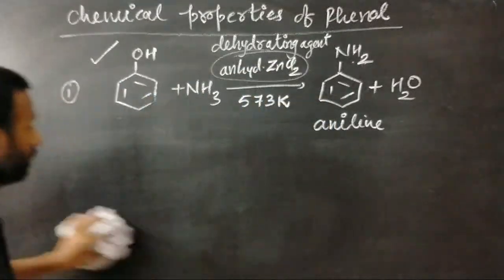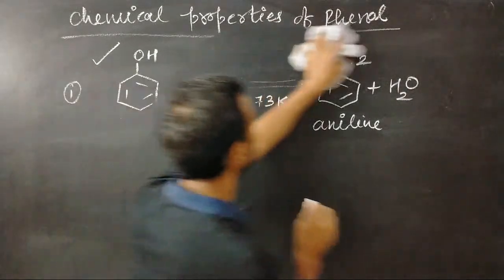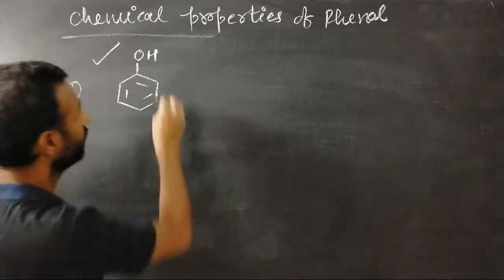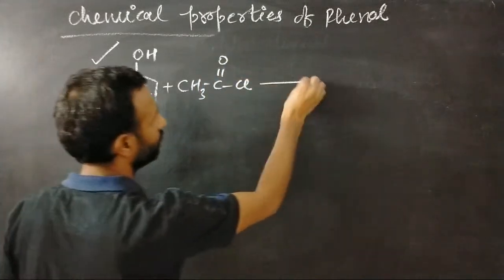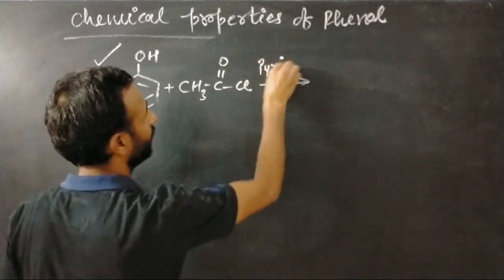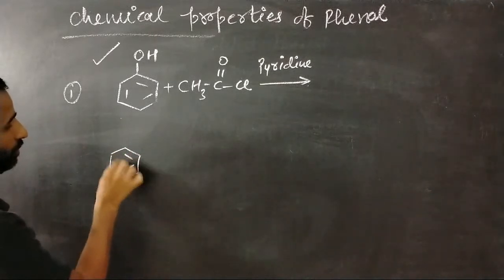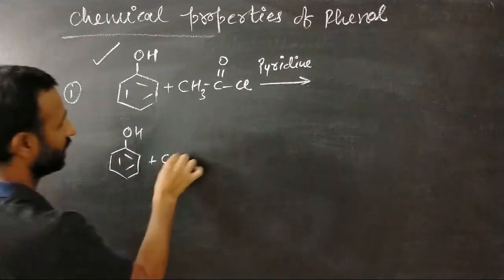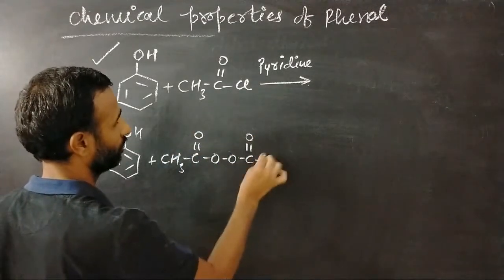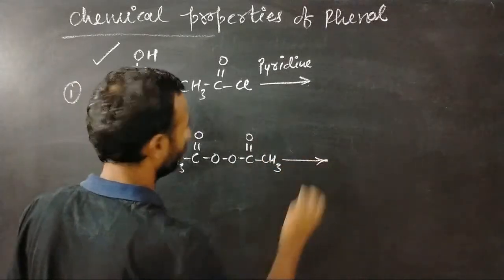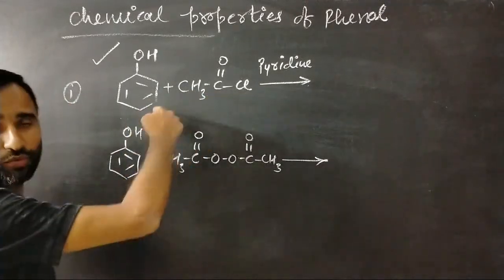Okay, even if we treat phenol with acid chloride in the presence of pyridine, or phenol with acetic anhydride, phenol with acid chloride, this is esterification.